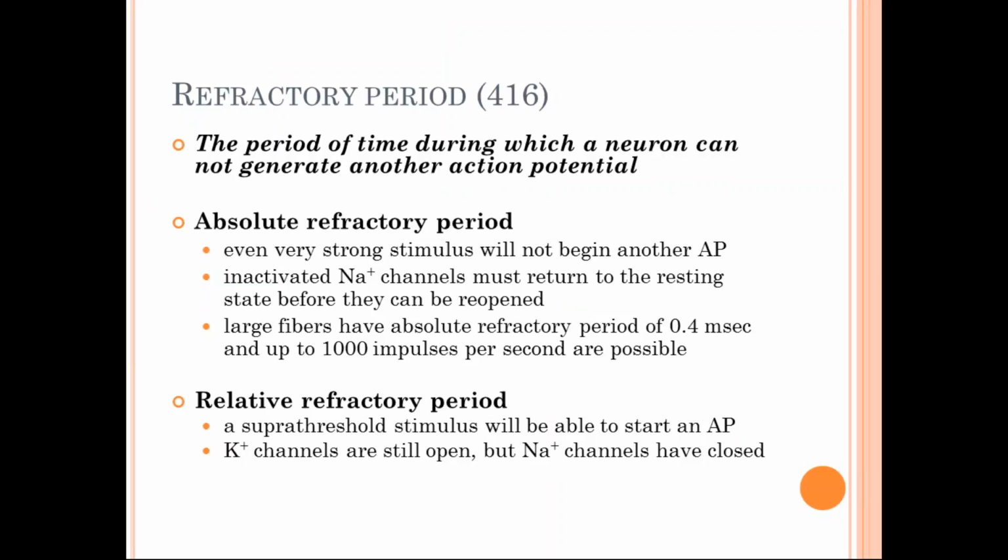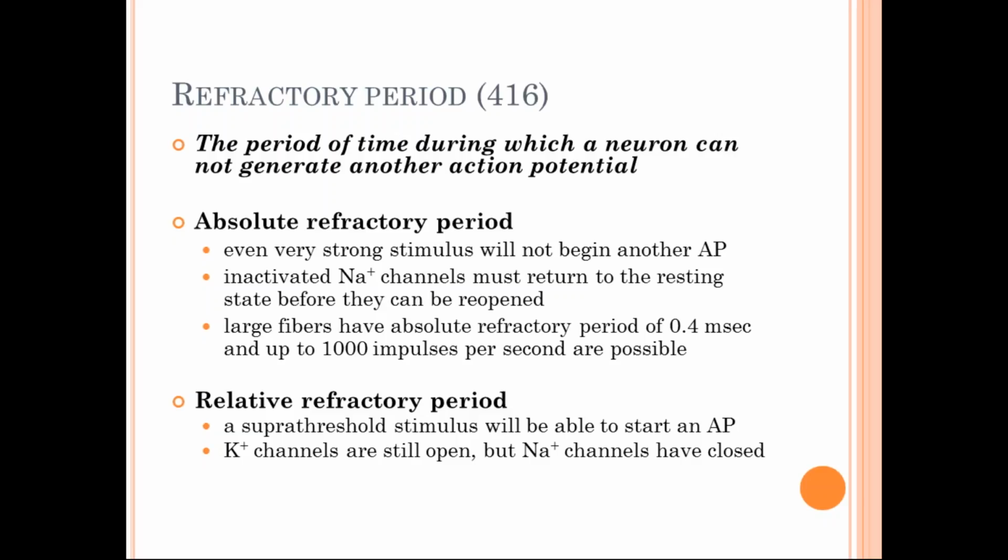As we saw, the refractory period is when it can't have another impulse. It's 0.4 milliseconds in a large nerve fiber. So in your A fibers, that's 0.4 milliseconds of absolute refractory period. That's when you can't open an open door.